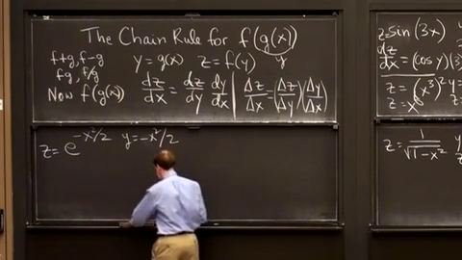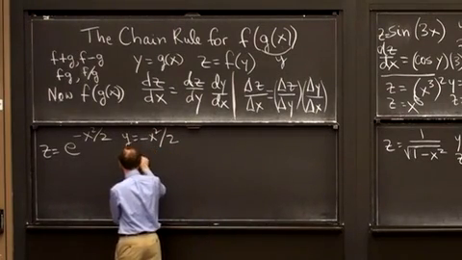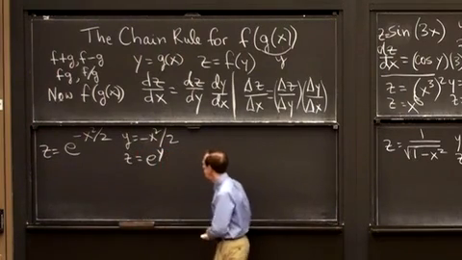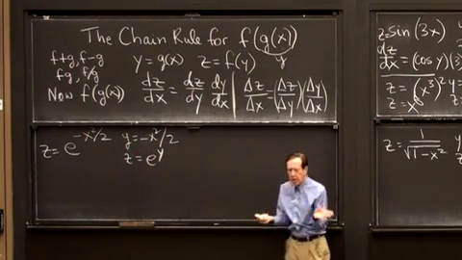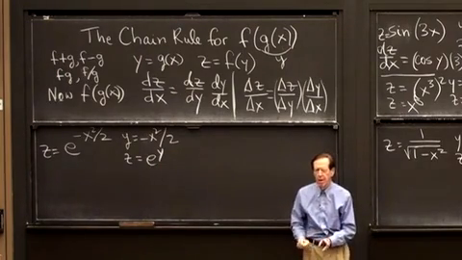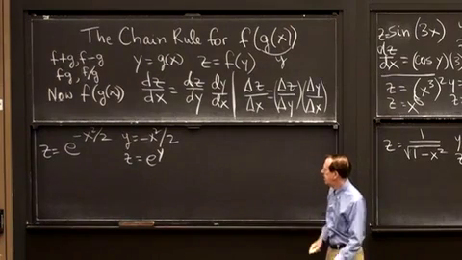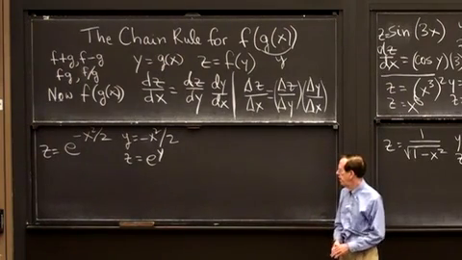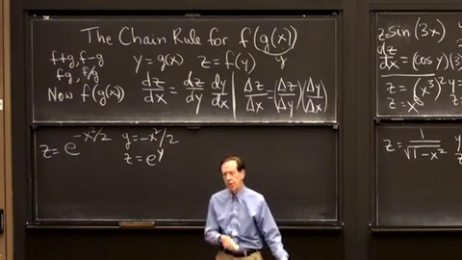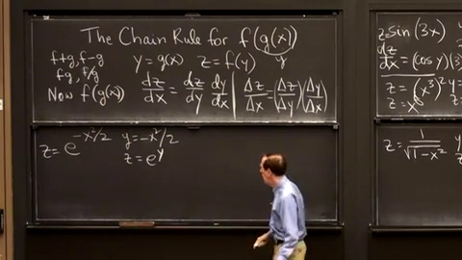And then z, the outside function, is just e to the y, right? So two very simple functions have gone into this chain and produced this e to the minus x squared over 2 function. Okay, I'm going to ask you for the derivative, and you're going to do it, no problem.